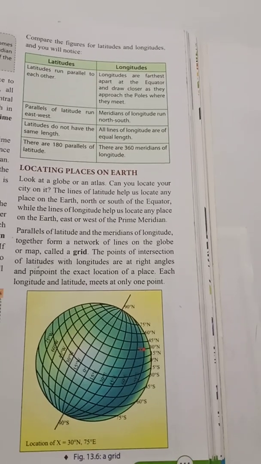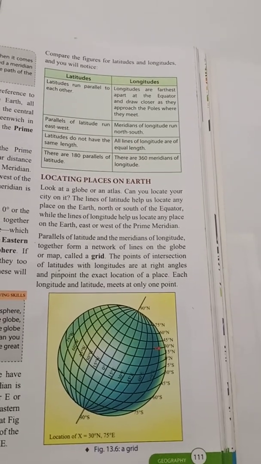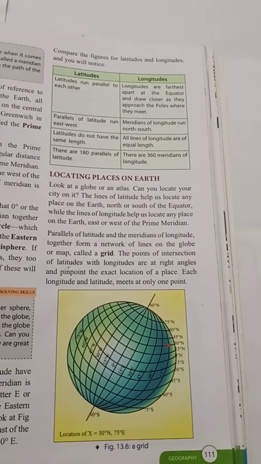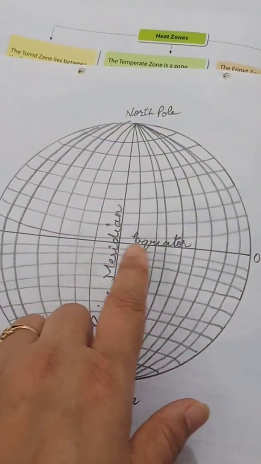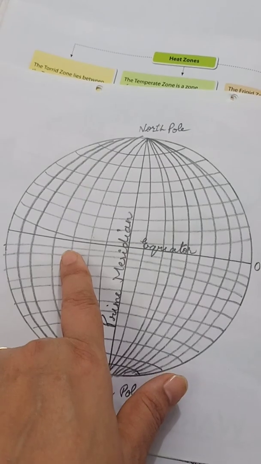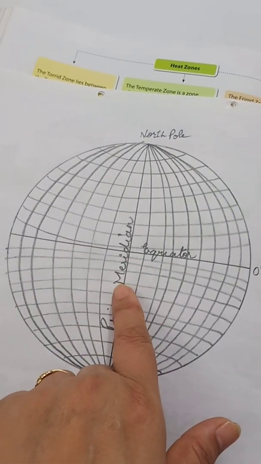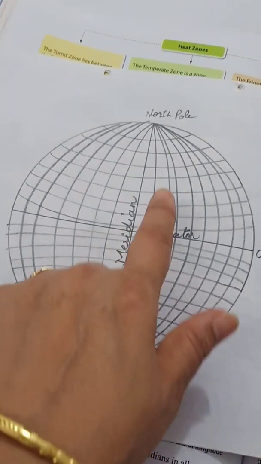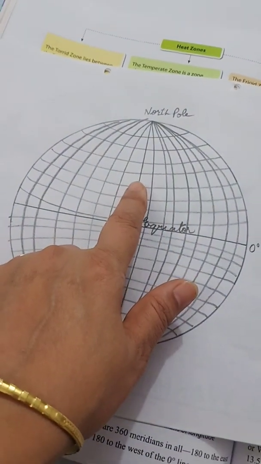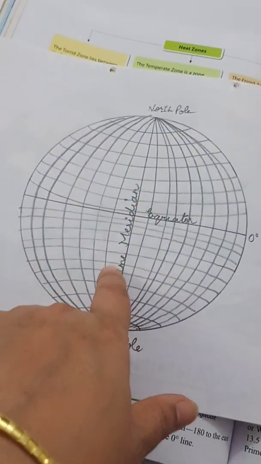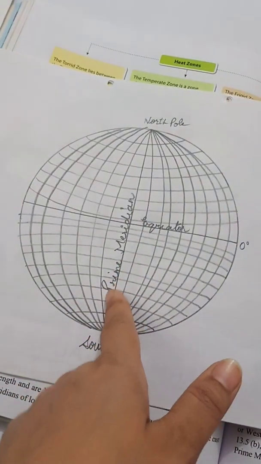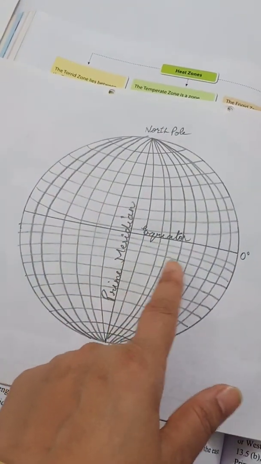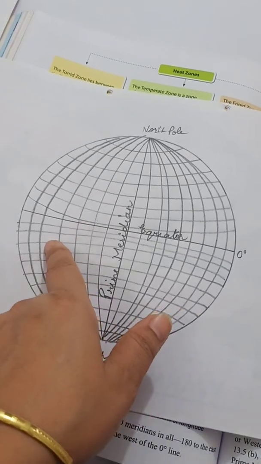The lines of longitude help us locate any place on the earth east or west of the prime meridian. So the prime meridian has an east side and a west side. The equator divides the globe into the northern hemisphere and southern hemisphere. The prime meridian divides the globe into the eastern hemisphere and western hemisphere.